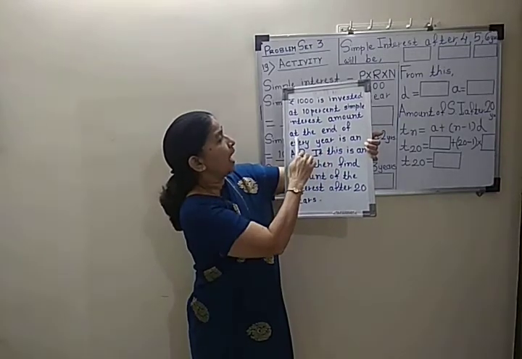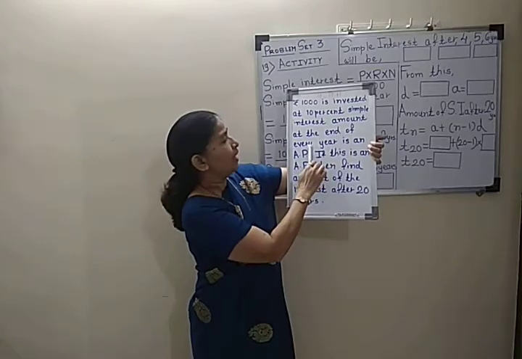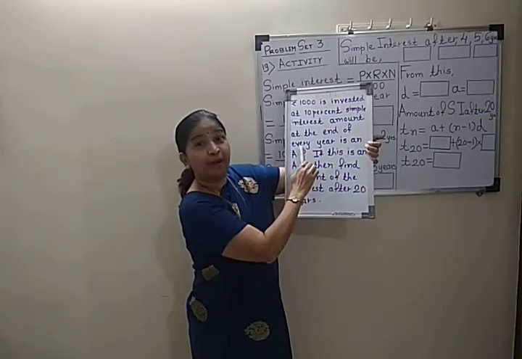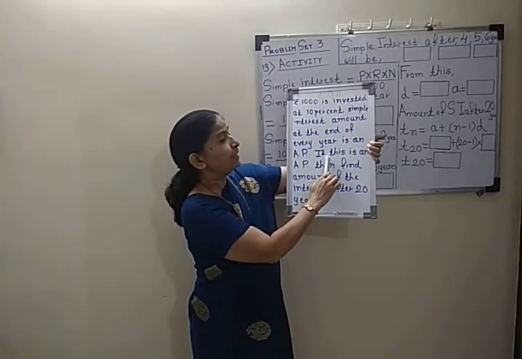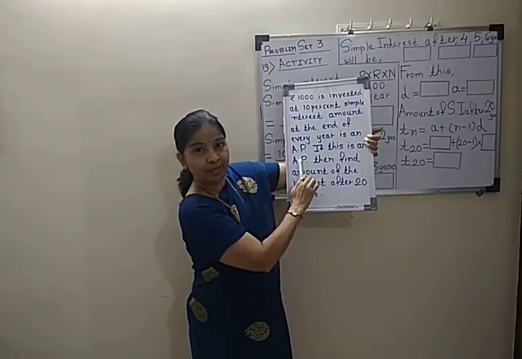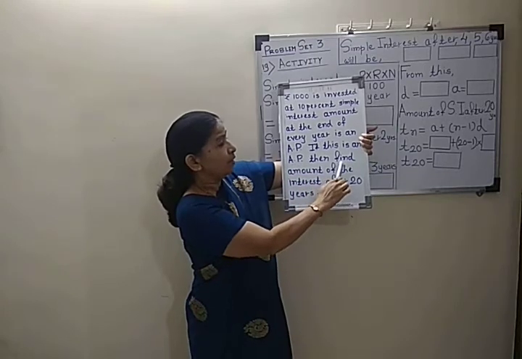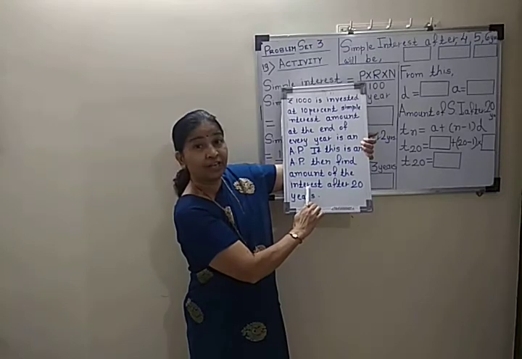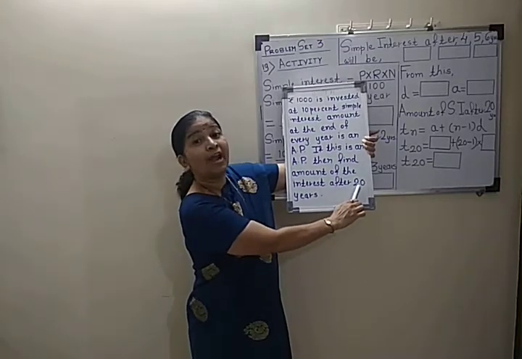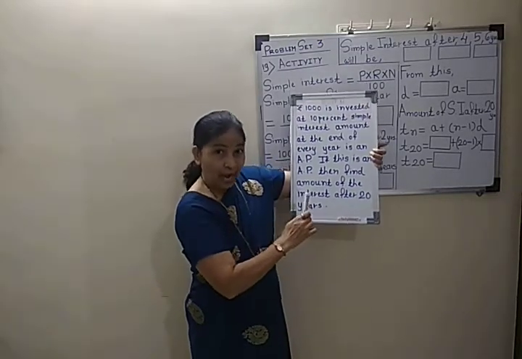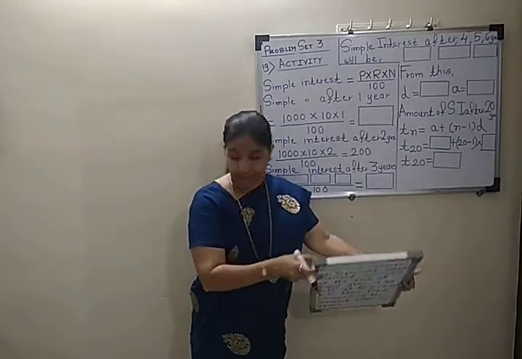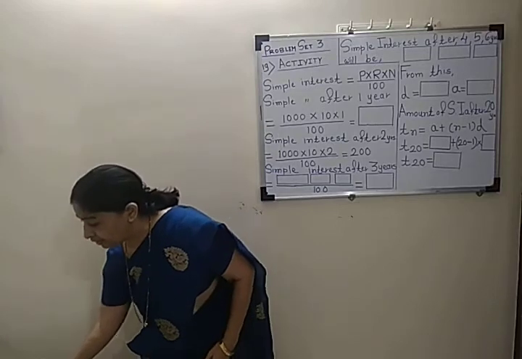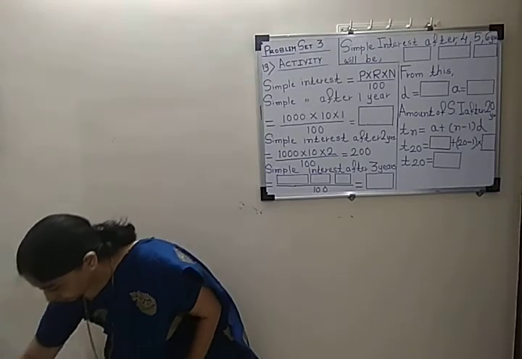The amount at the end of every year is an AP, arithmetic progression. If this is an AP, then find the amount of the interest after 20 years. And for this, they ask us to complete the activity.